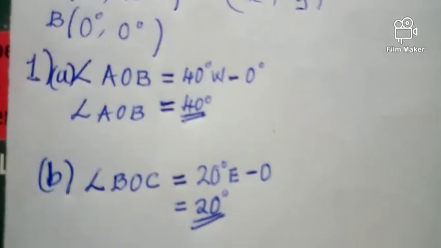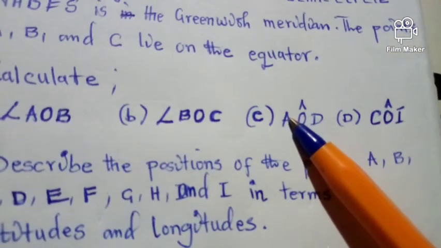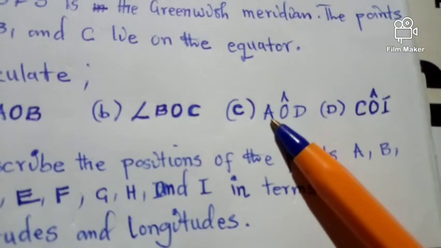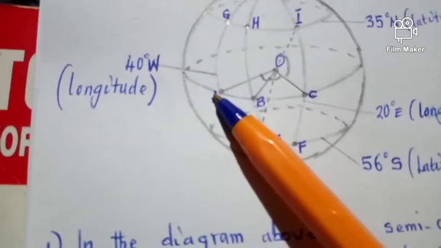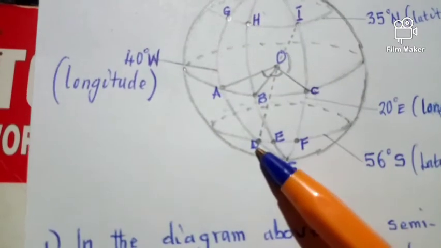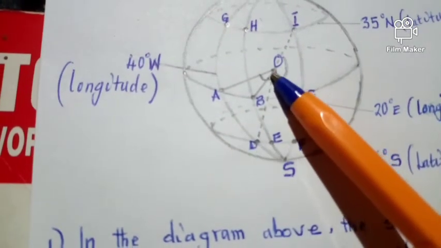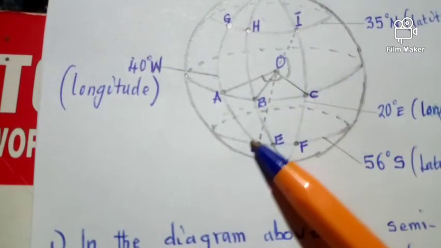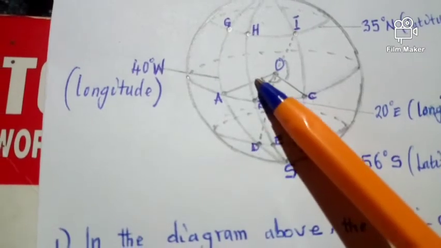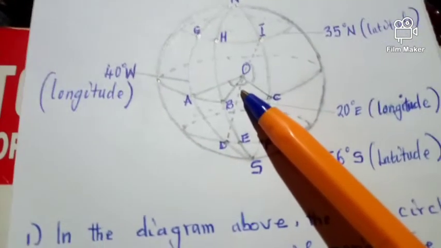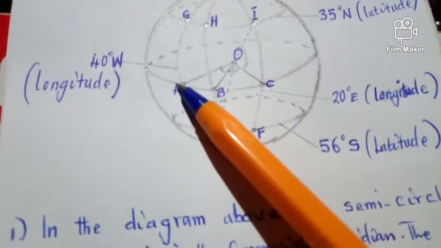Okay. So we have another question where we're finding angle AOD. Okay, let's see. AOD. Okay, so we're finding this angle here. Now, you have to be careful here because now it has changed.